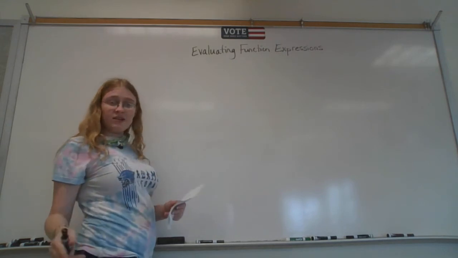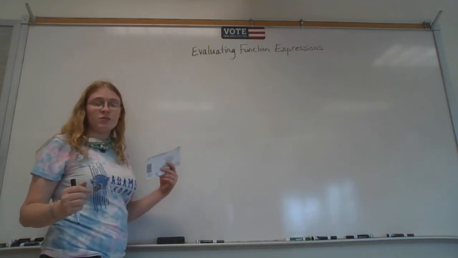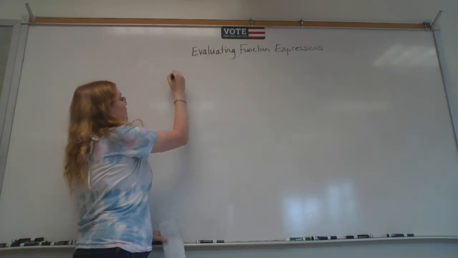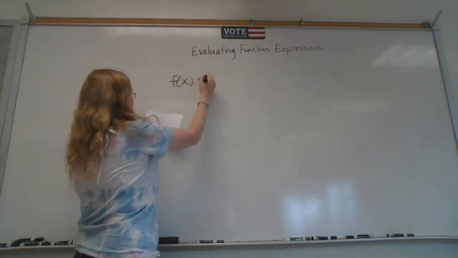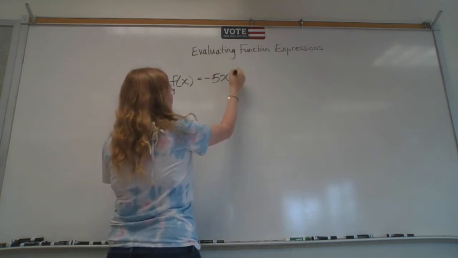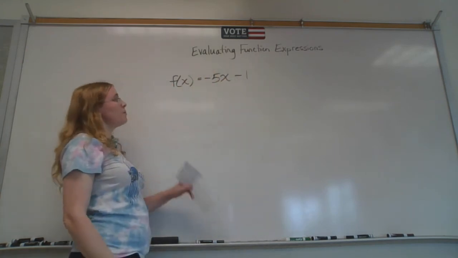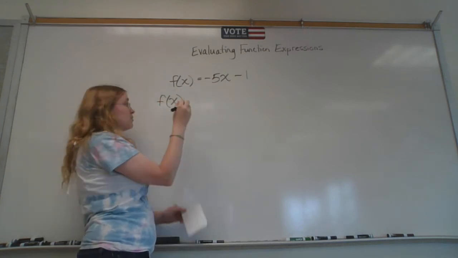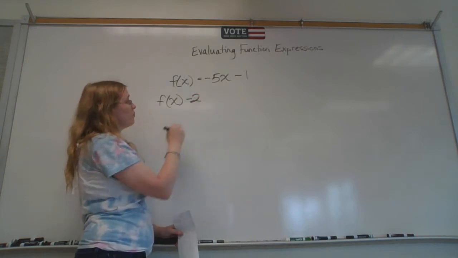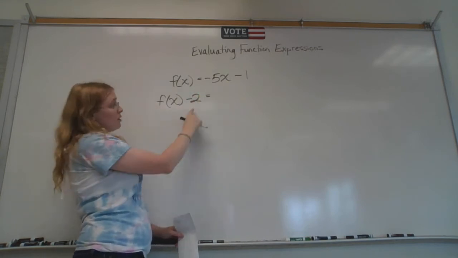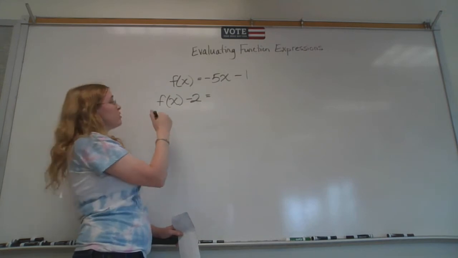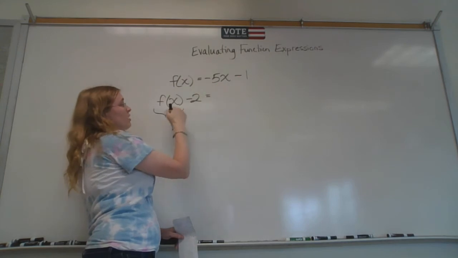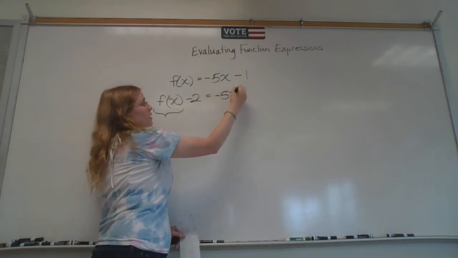One of the easier things is sometimes you get stuff added or subtracted outside of your f of x. So say that your f of x is negative 5x minus 1, and you're asked to evaluate f of x, minus 2. Well, this minus 2 is outside the parentheses. F of x is negative 5x minus 1.